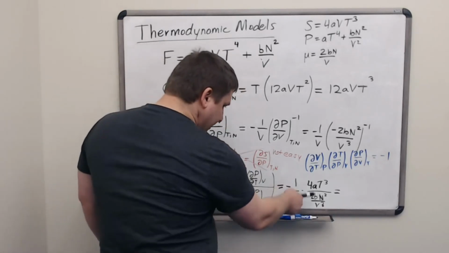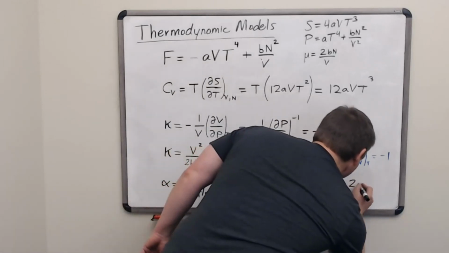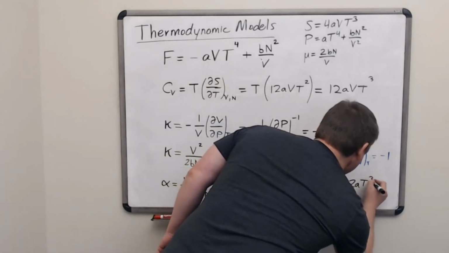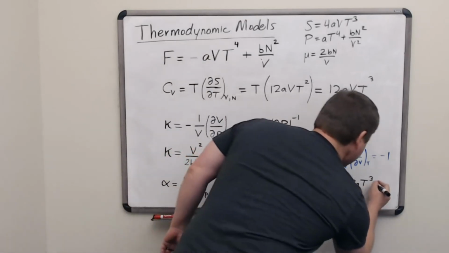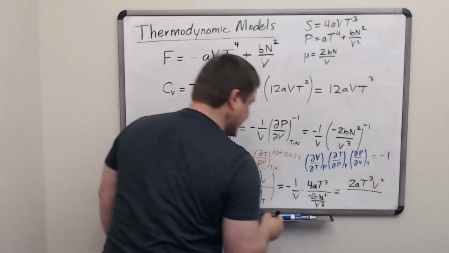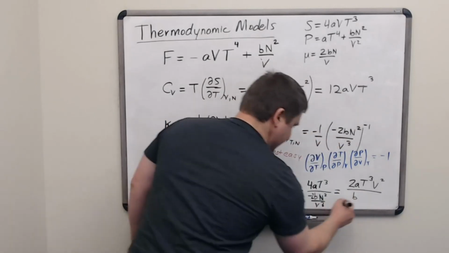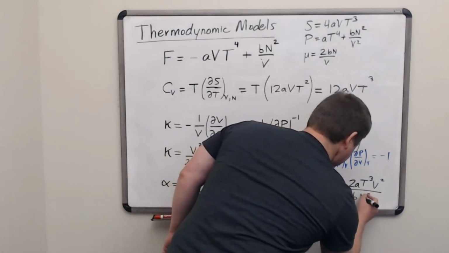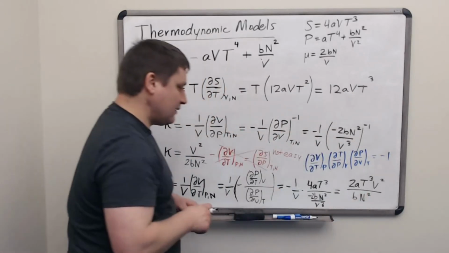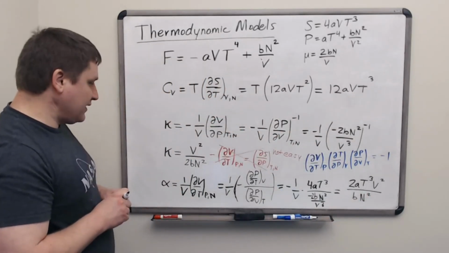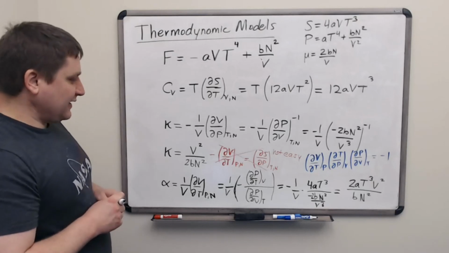I've got a 4 and a 2 that can cancel. So in the numerator I'll have 2aT cubed V squared. And in the denominator the 2 will be canceled, so I'll have bN squared. Okay, so that's our formula for the coefficient of thermal expansion.